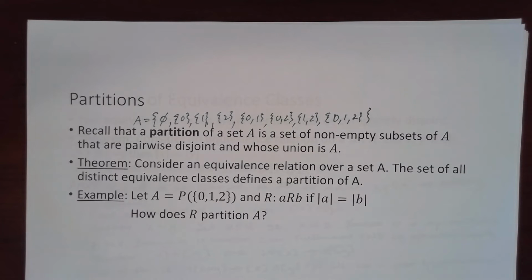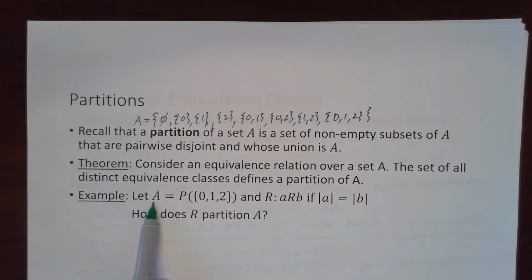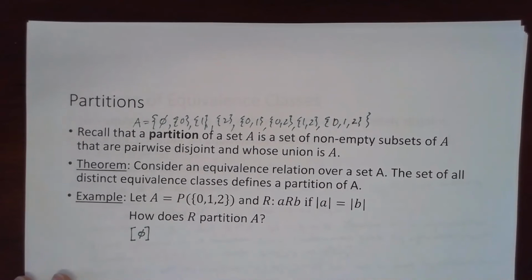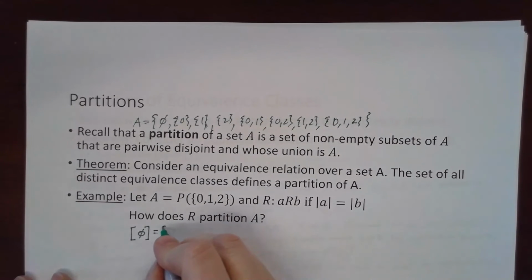Okay, so there's 8 elements in the set A, and we need to figure out how it's going to partition them. Let's look at the empty set. That is going to have an equivalence class. So let's think about all the things that would be in that set. Clearly the empty set is related to itself.